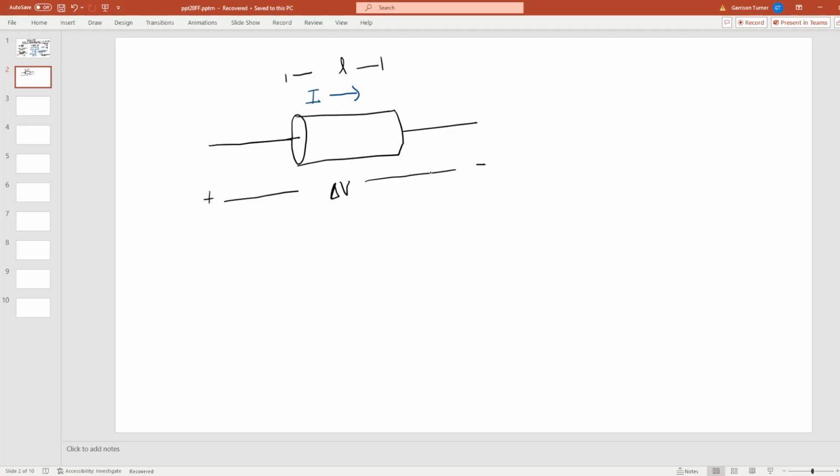If I have current here and my potential across it like this, then through the resistor there will be electric field, and that electric field is pointing this direction.